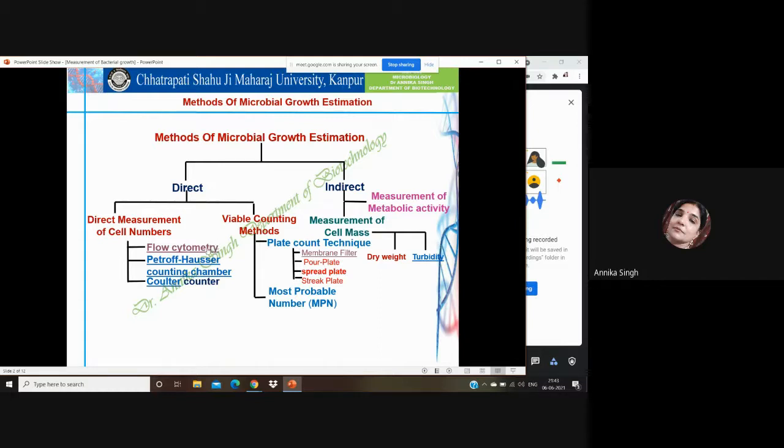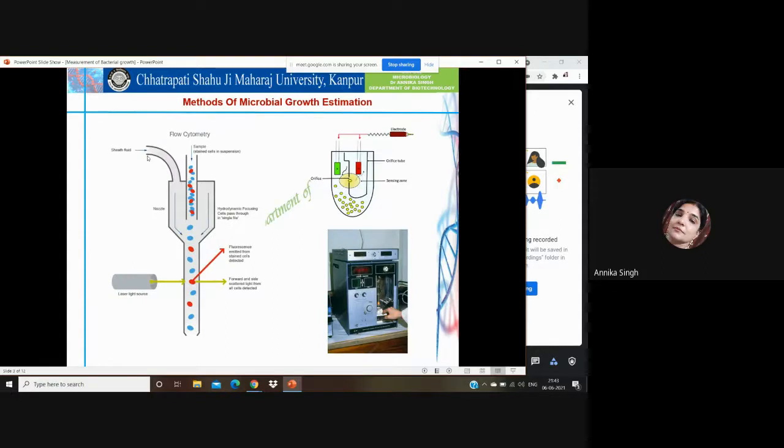So, this is the principle of flow cytometry. You can see in this figure, a flow cytometer creates a stream of cells so narrow that one cell at a time can pass through a beam of laser light.